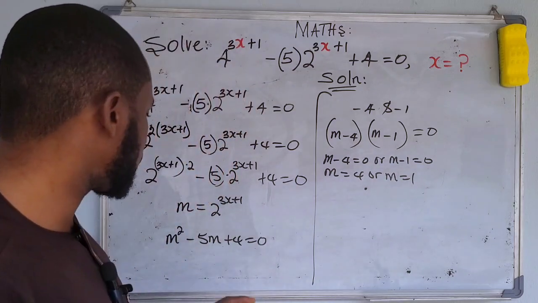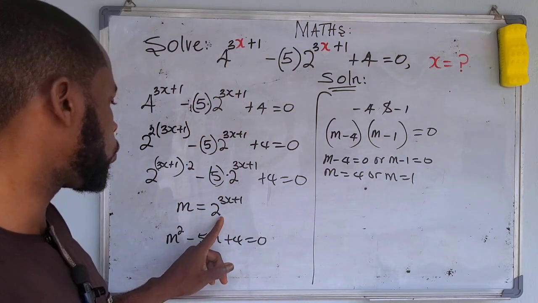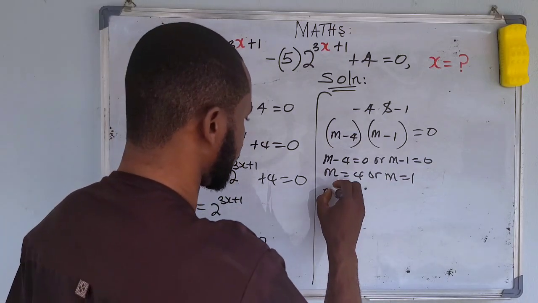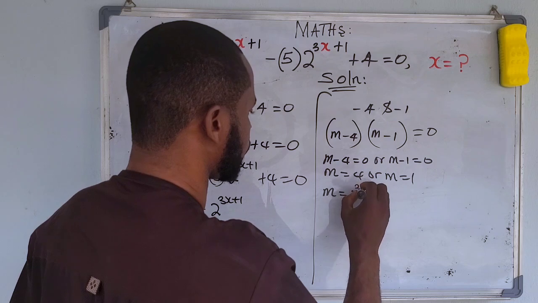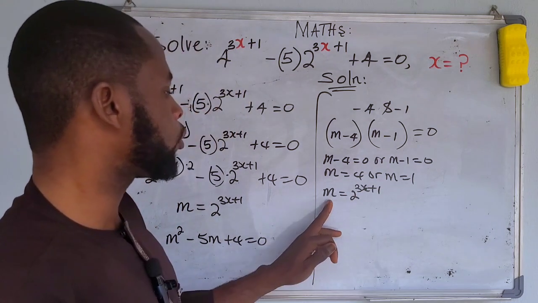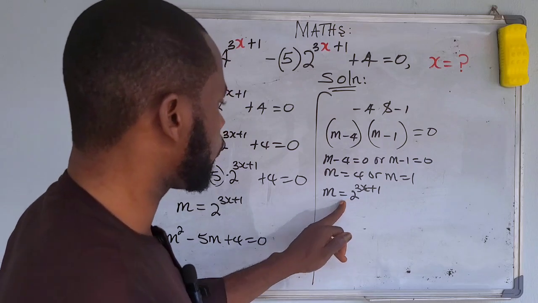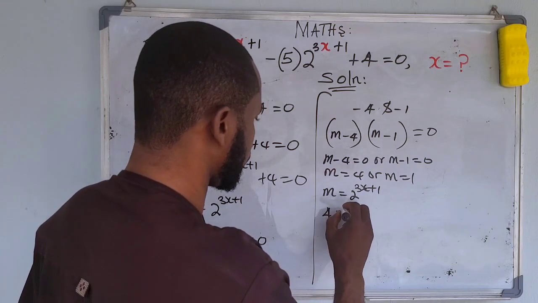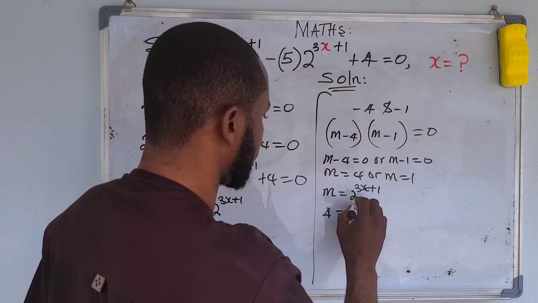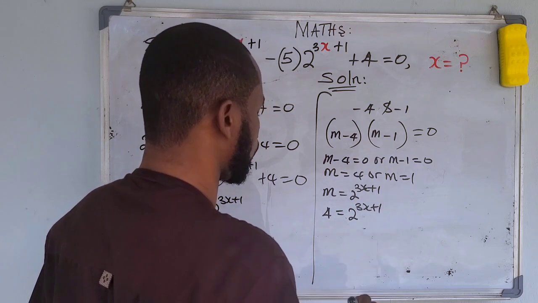Then recall that we set m to be equal to 2 to the power of 3x plus 1. But now you're going to substitute the value of m here. In case 1, we have that 4 equals 2 to the power of 3x plus 1.